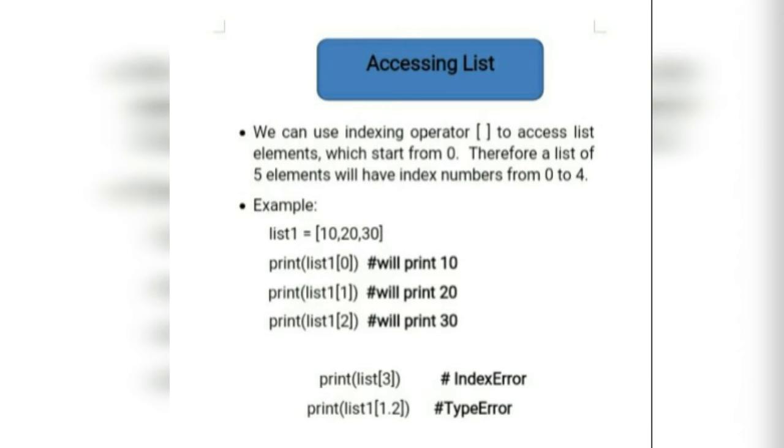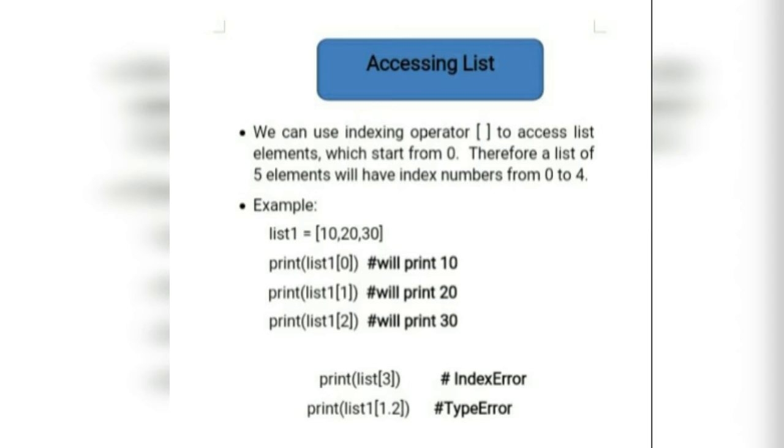Now my dear friends, accessing the list. Accessing the list means I want to get the elements from the list which I have initialized. We can use the indexing operator, that is the square bracket, to access the list elements, which starts from 0. Therefore, a list of 5 elements will have index numbers from 0 to 4.